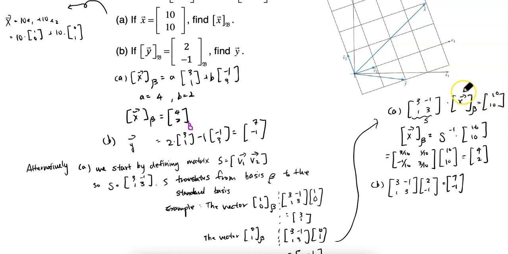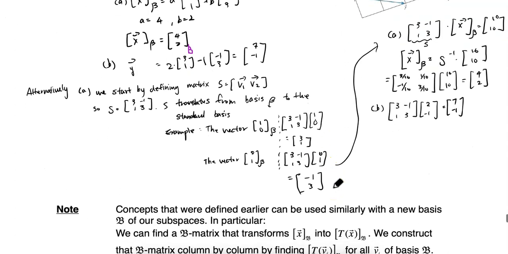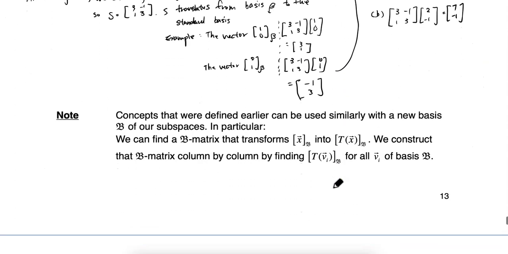So to solve that, we have to multiply by the inverse of S. So we have x in basis B equals S inverse times 10, 10. And maybe using a calculator, we would find 4, 2. This matrix S is going to come up a lot, and it's always S that is used.